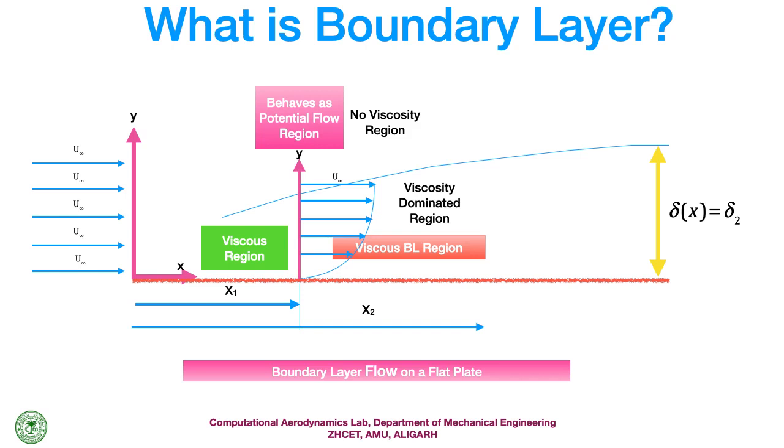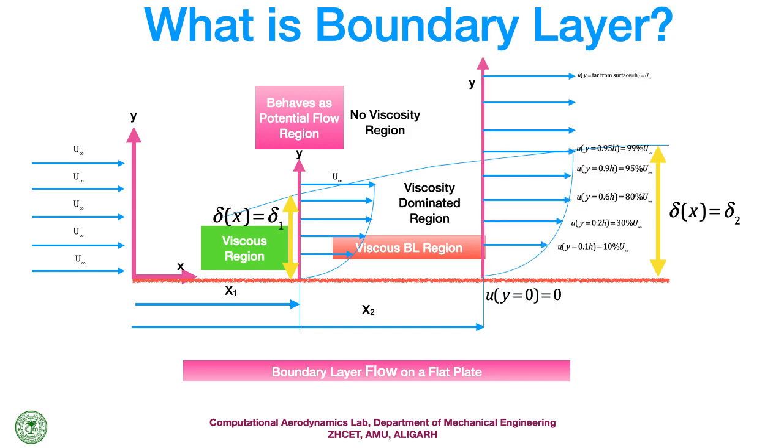So that means if I draw a velocity profile at station 2, which explains much more detail, the velocity after the edge of the boundary layer is basically nearly equal to u infinity. That means the free stream velocity, which is at the inlet of the flat plate.